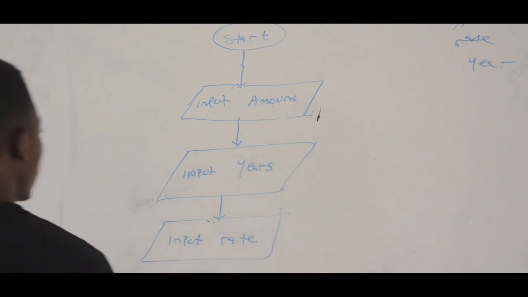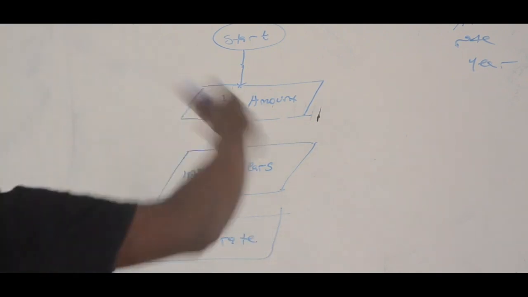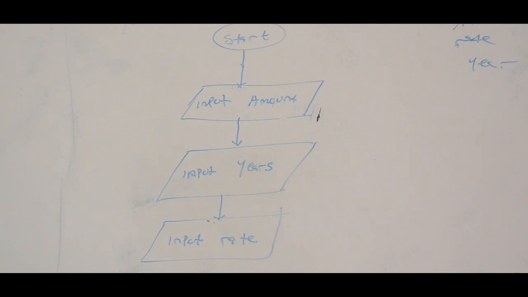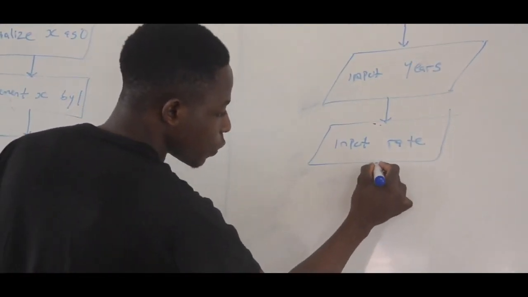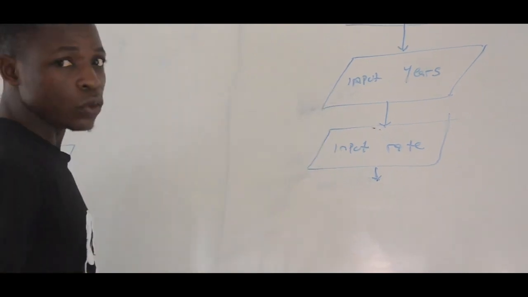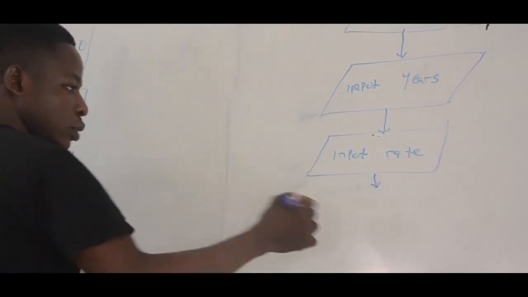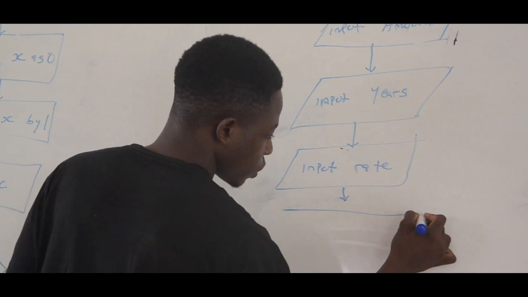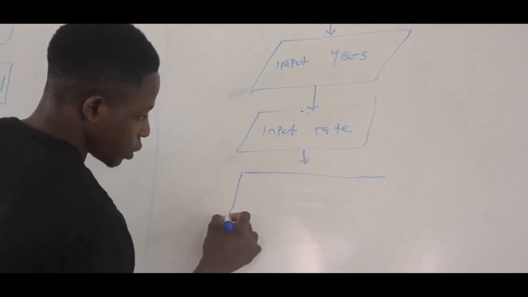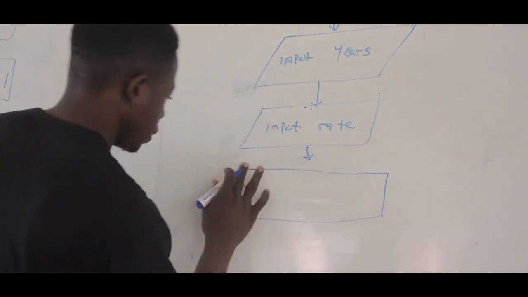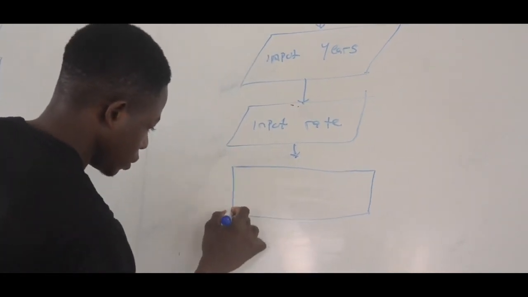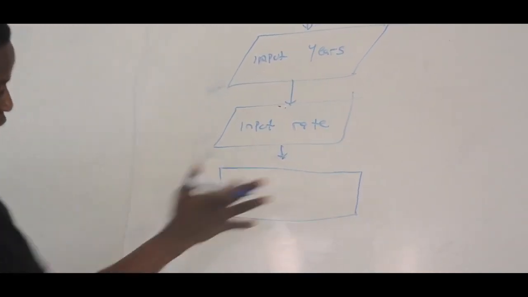Now, if you have collected the 3 essential things that you need, the next thing is just for you to process, to do the calculation. Doing the calculation, you know the shape that we use for process is what? It's a rectangle. I told you, don't draw a square for me. If you draw a square for me, that's 0. Capital letter O, capital letter F. So you see, this is a rectangle.